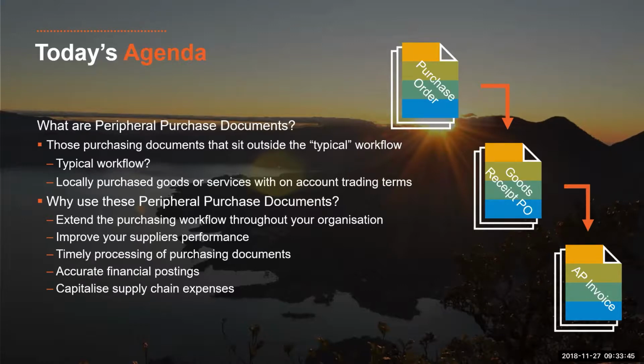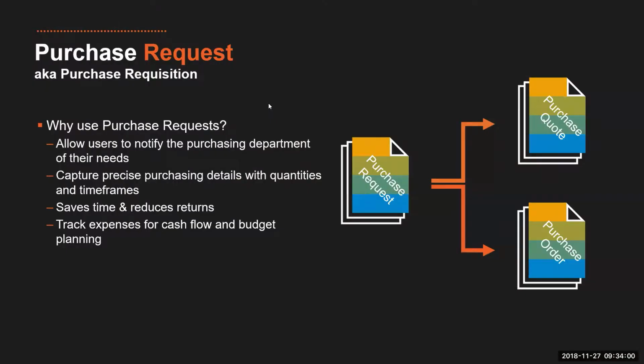All right, so that's just an overview. Before we actually drill into the system, here is an explanation of each of the documents I'll be covering today. The first one is the purchase request, also known as a purchase requisition. The purchase request is the very first document in the purchasing flow.